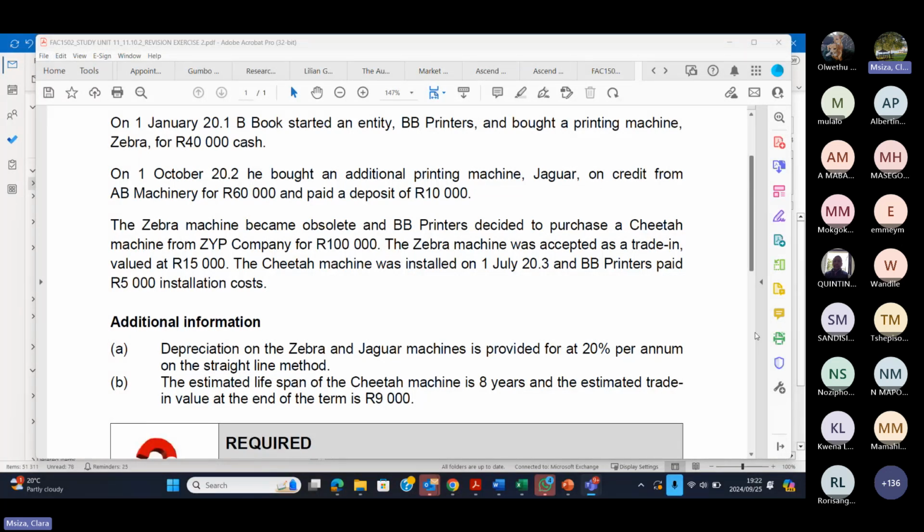The Zebra machine was accepted as a trade-in value at 15,000. Remember, we disposed this machinery. When we say something is obsolete, it means we can't use it anymore.